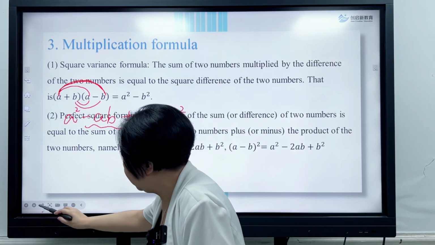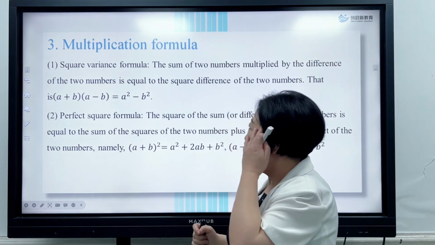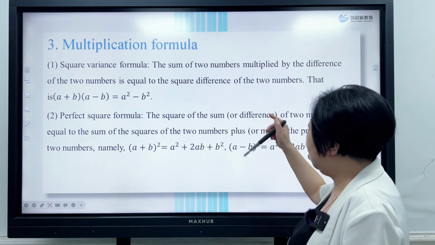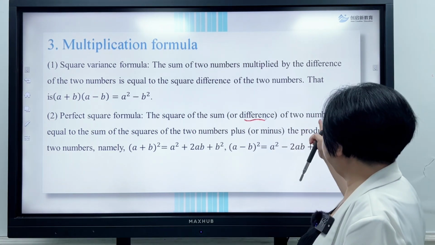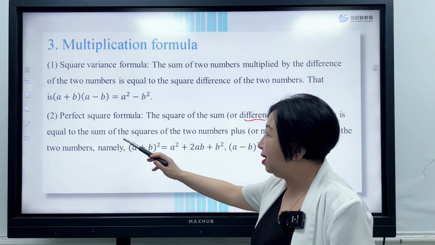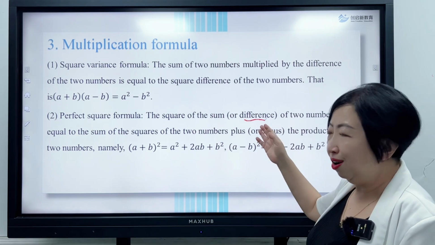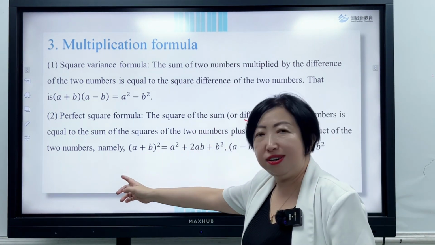Second, let's go on. The perfect square formula. The square of the sum or difference of two numbers equals the sum of the squares of the two numbers plus, or minus, twice the product of the two numbers.